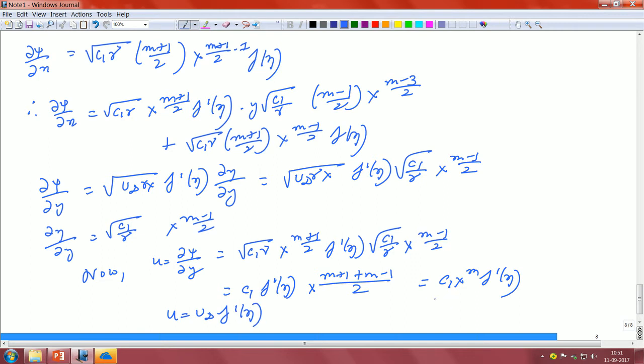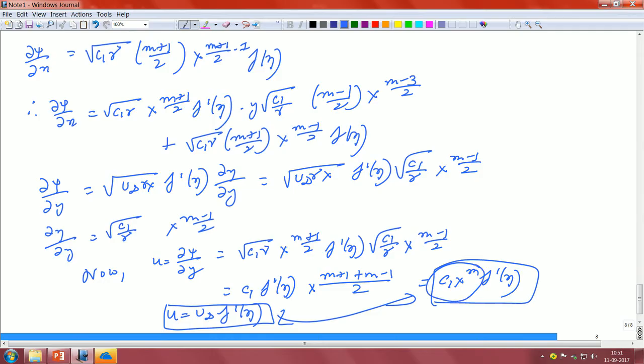We started with this particular expression first, right, in our previous approach. You can see that these two things are basically equivalent to each other, right, except u infinity instead of a constant, now it is C1 x to the power of m.